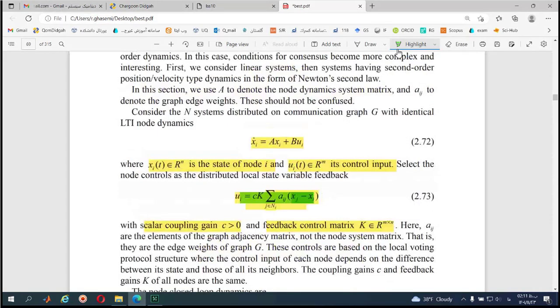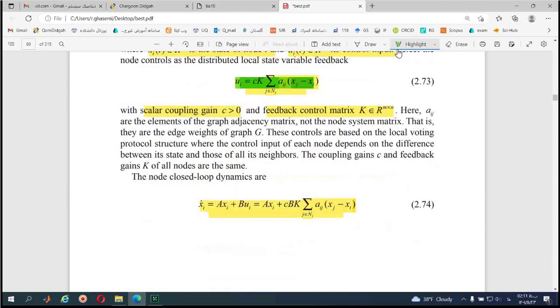Let me substitute this ui in xi. This is the closed loop of the system.